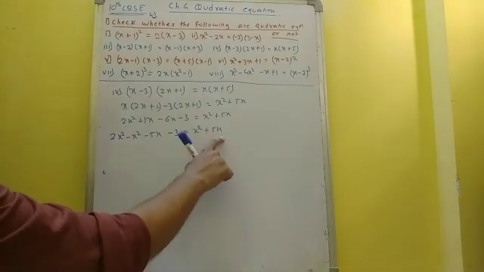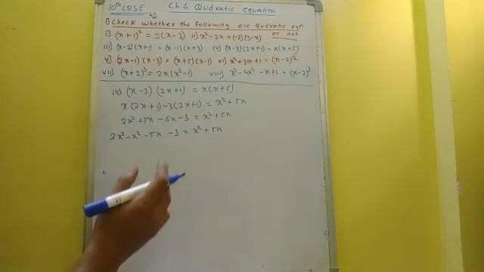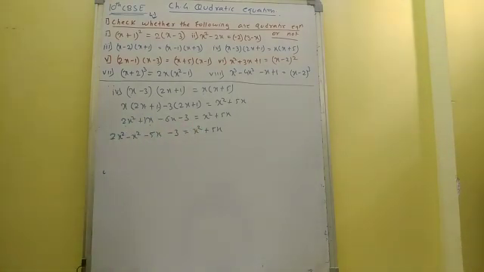We have 5x on both sides, but we cannot cancel as their signs are different. So we will take each and every term this side. I think I have made some mistake. One minute.